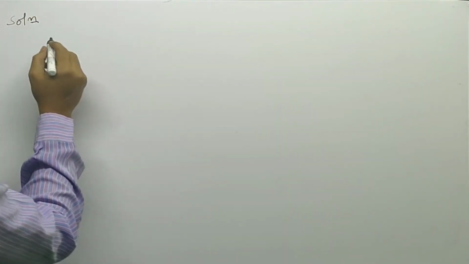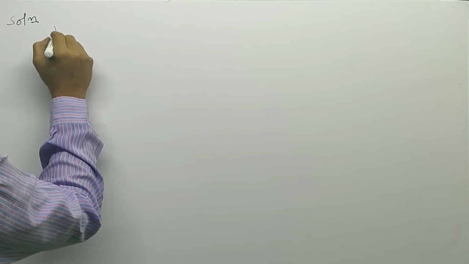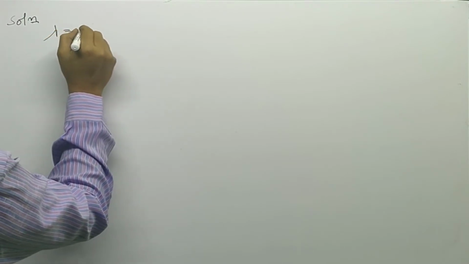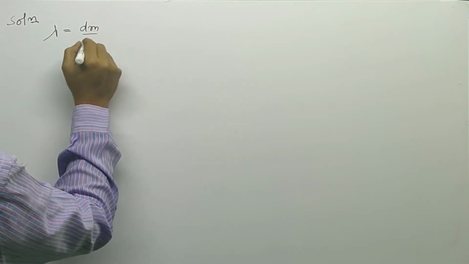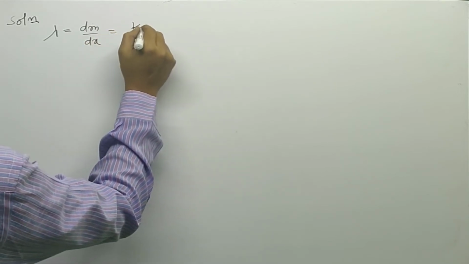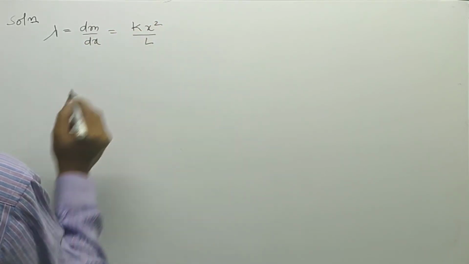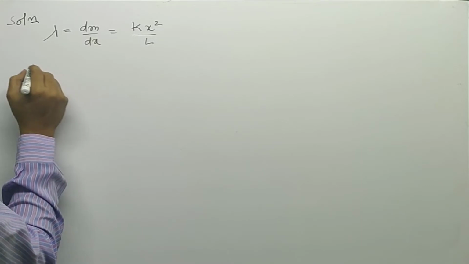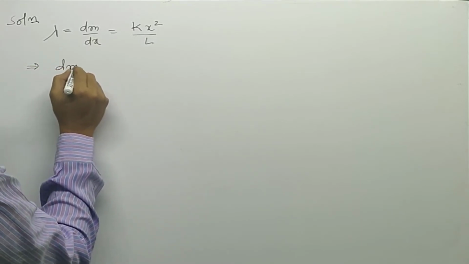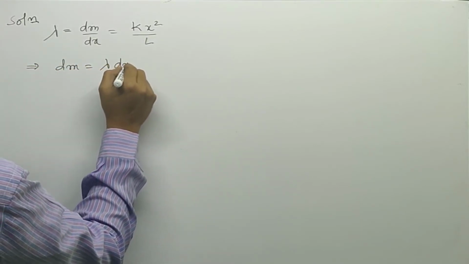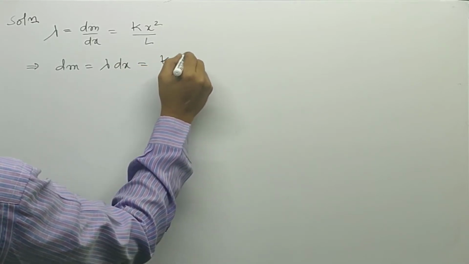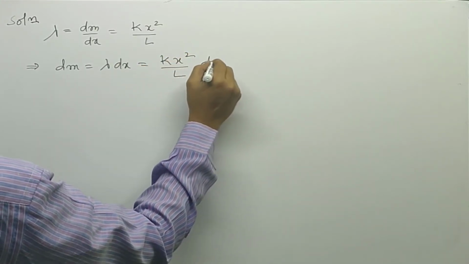The solution: in the question, mass per unit length lambda is equal to dm by dx, that is given as k into x square by L. From this, dm is equal to lambda into dx, that is equal to k x square by L into dx.